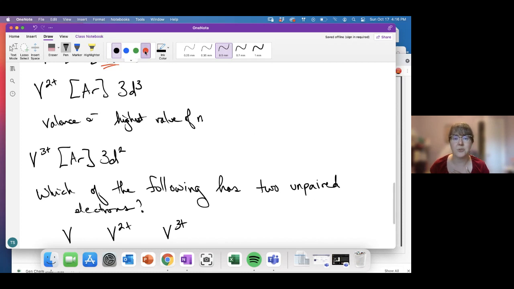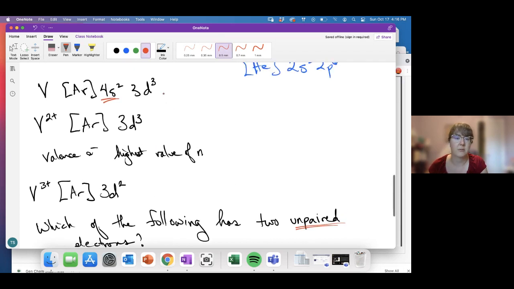So unpaired electrons, this is going back to thinking about orbital notation. So when we were looking at these 3 different options, here's my neutral. I would have had that 4s2 and that 3d 1, 2, 3. So there's my neutral set. I have 3 unpaired electrons here.